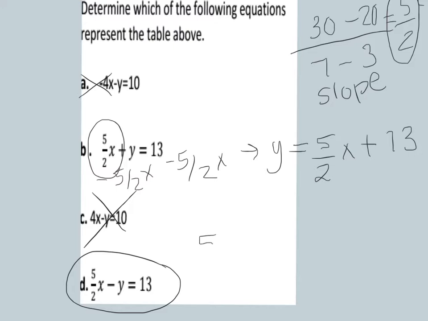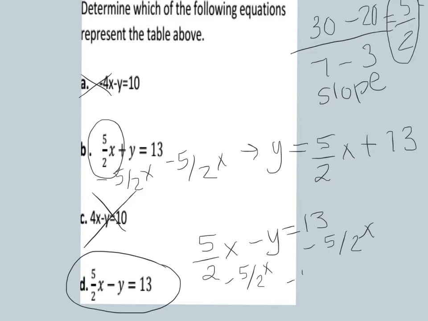So on your paper, you should have 2 equations, and this is the second equation you should be writing down. So 5 halves x minus y equals 13. So now, in order to move 5 halves x to the other side, we're going to subtract 5 halves x, just like we did before. If you're wondering why we're subtracting, well, that's a positive 5 halves x on the left.